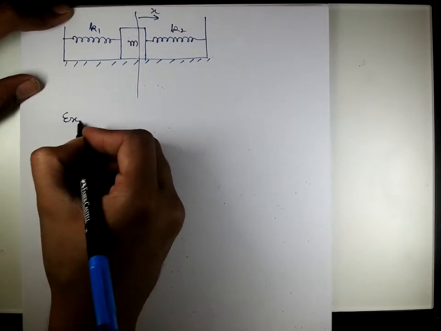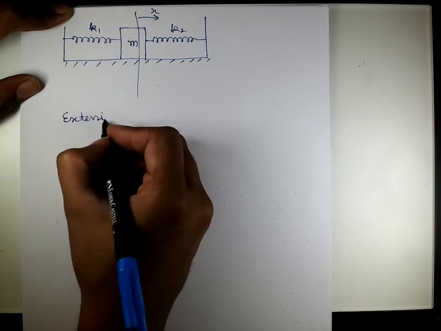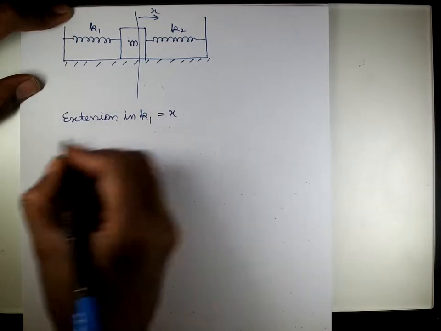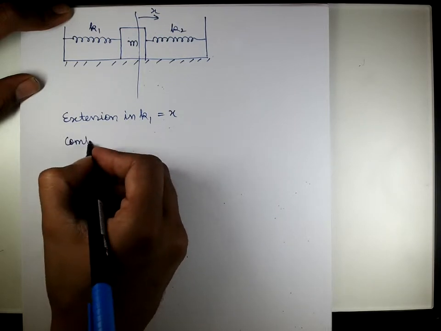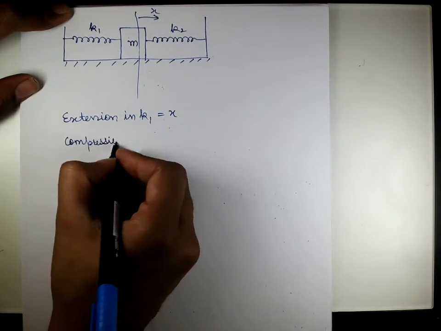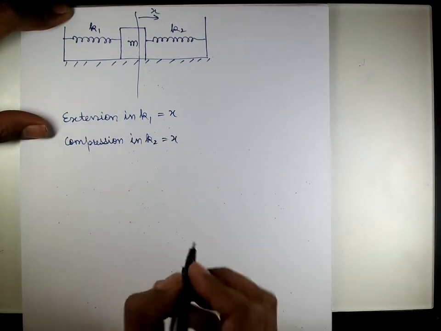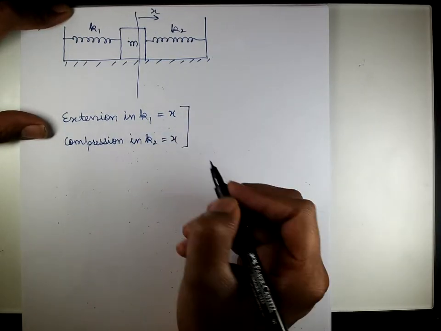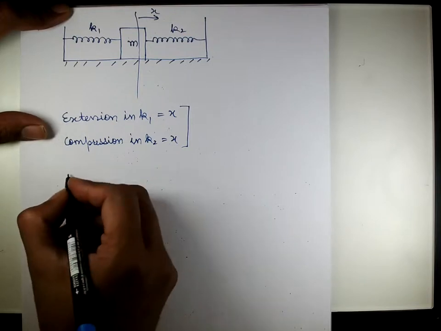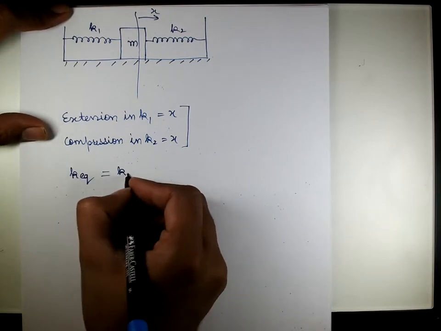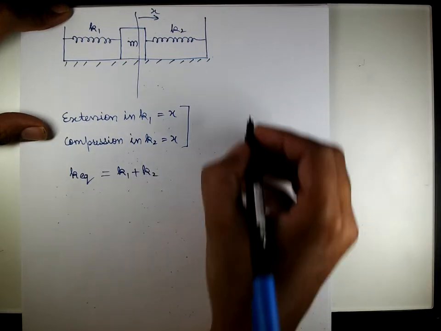Then the extension in k1 is equal to x and the compression in k2 is equal to x. So both the springs have the same extension or compression, so we can replace them by a k equivalent. The k equivalent in this case would be simply k1 plus k2.